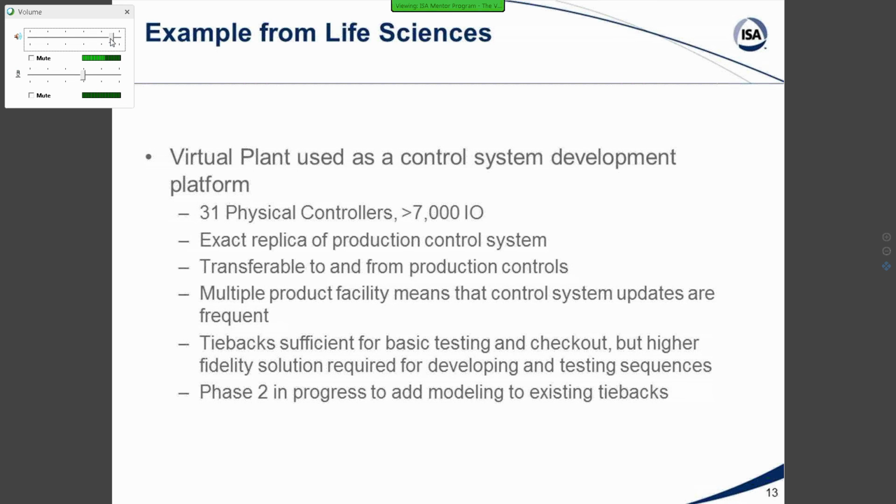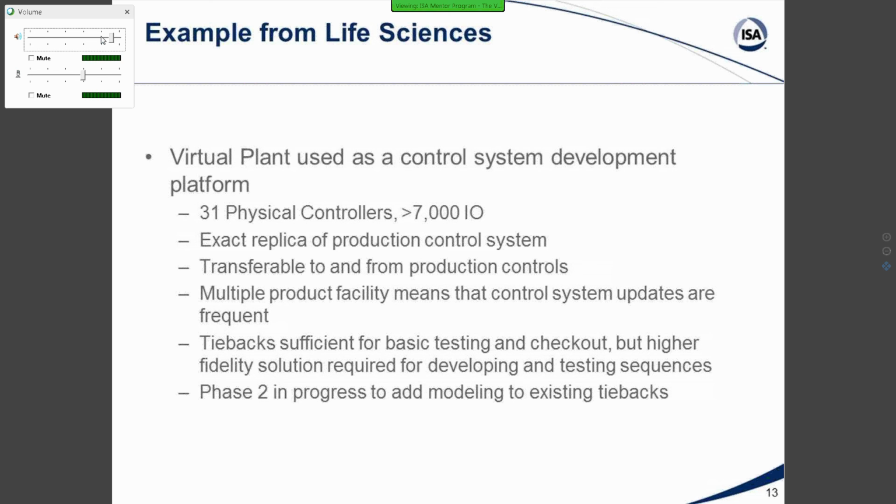So it's very important that the test platform is essentially directly portable without modification between the production controls and this offline virtual plant. Now, what we did as a first pass, and we'll circle back around on this as we're actually in phase 2 on it, as a first pass, we did only tiebacks.